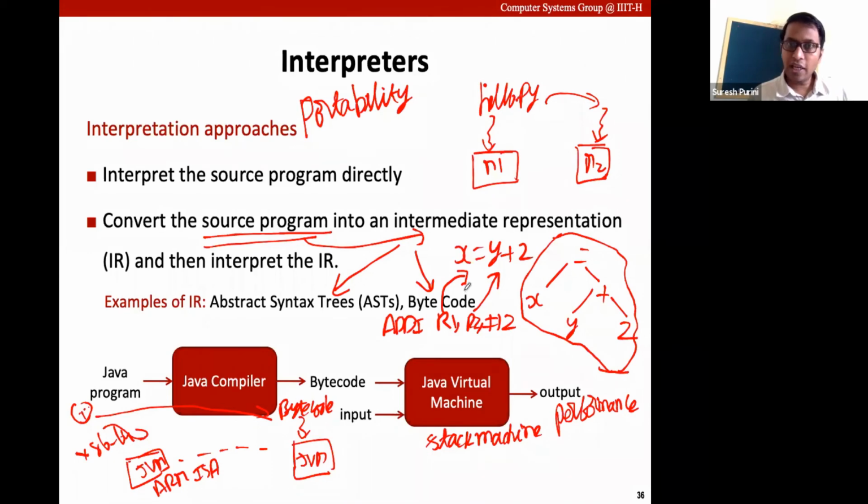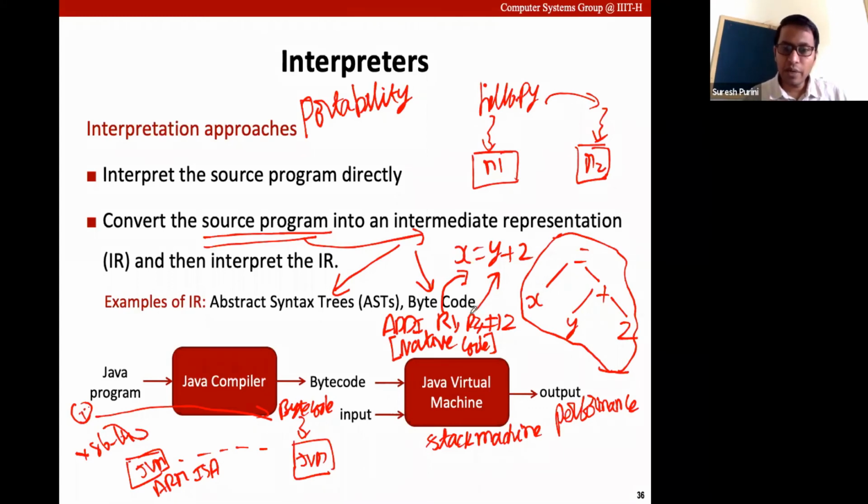I really hope that you appreciate the fact that this x is equal to y plus 2, when it is executed as native code, takes less than one clock cycle. But if you want to interpret it by constructing an AST tree, then the number of instructions that you have to execute is multiple, because you have to do a tree traversal, which itself induces many main memory accesses.